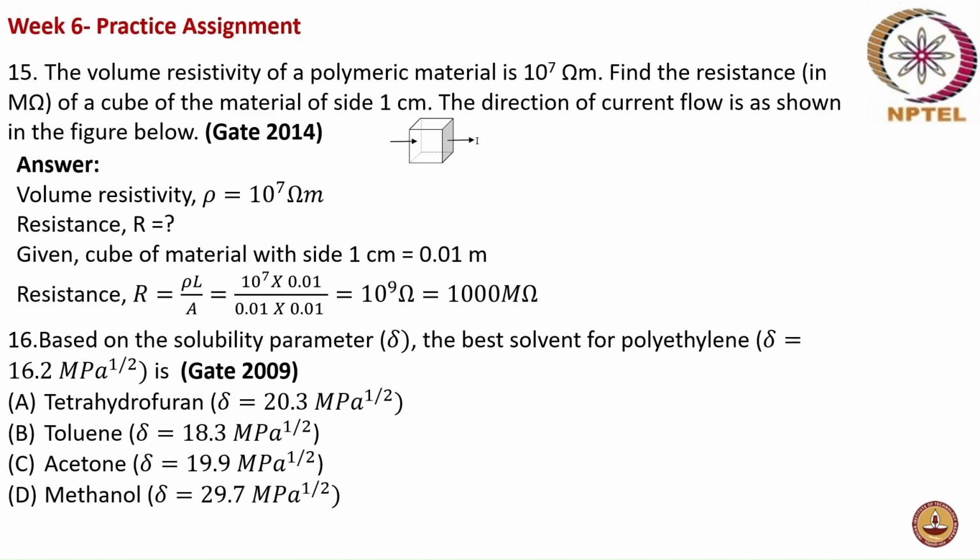Toluene, 18.3. Acetone, 19.9. And methanol, 29.7 megapascal power half. Which will be the best solvent?